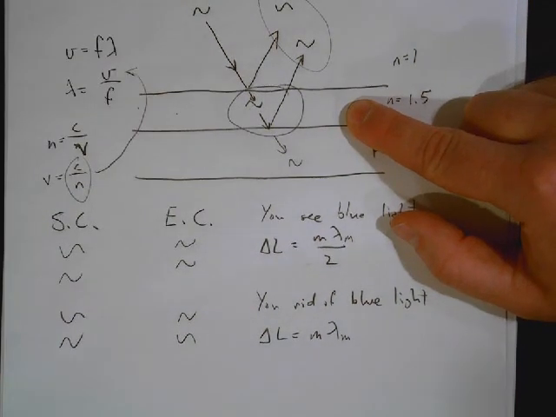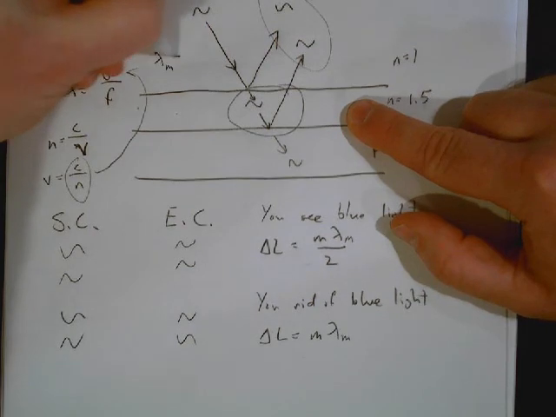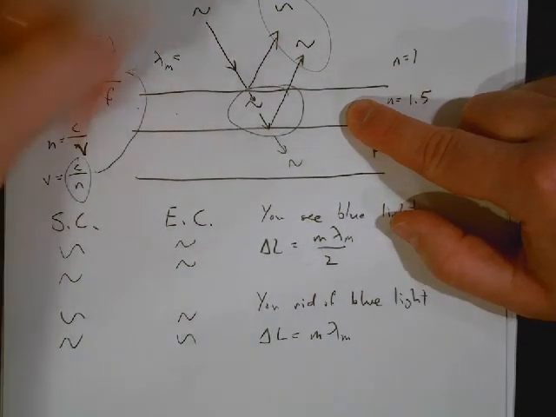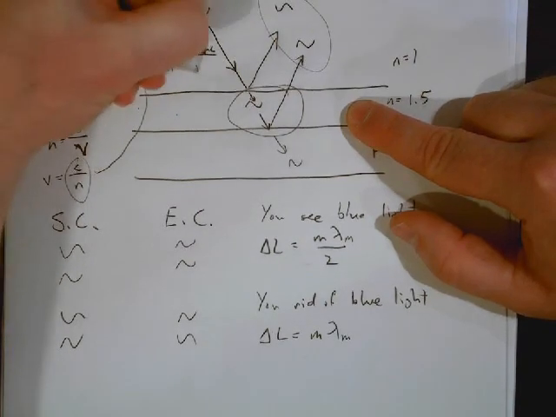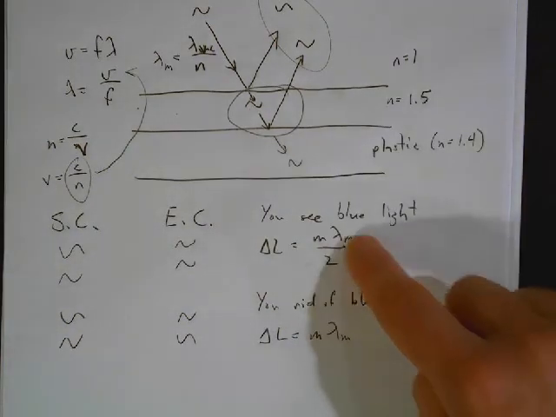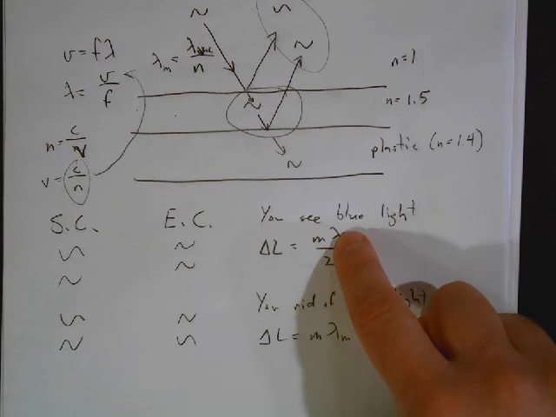If I solve for v, I get v equals c over n. And I plug stuff in. I'm going to end up with the wavelength in the medium, and I'm going to skip a couple steps here, but just trust me on this, it is equal to the wavelength in a vacuum divided by the index.